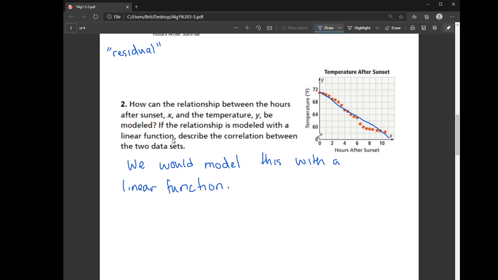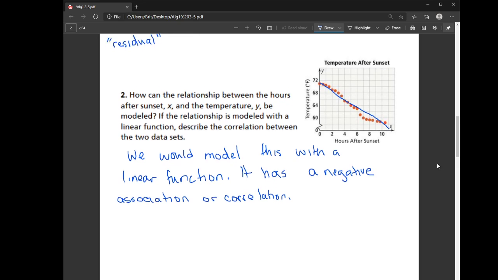Okay, and because it's modeled with a linear function, it has a negative association or correlation. Because remember, association and correlation, they're pretty much the same thing.